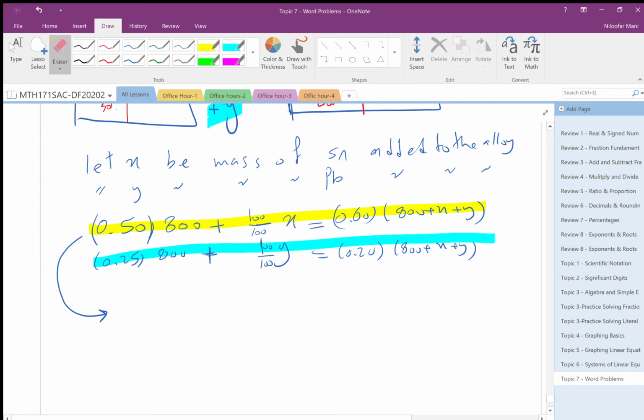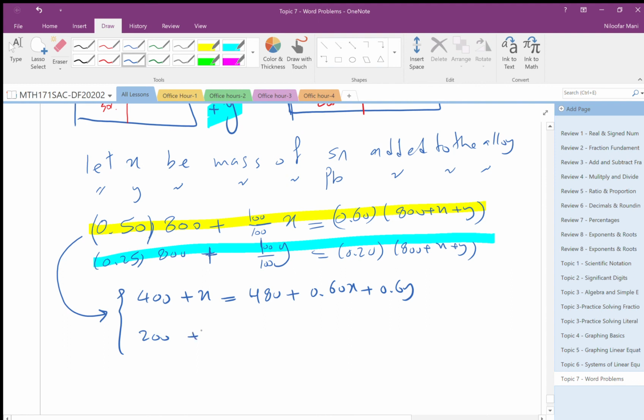Now I write two equations with two unknowns. So that's 400 plus x equals 480 plus 0.6x plus 0.6y.